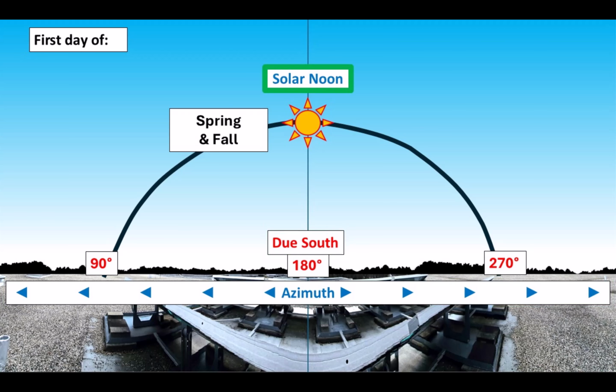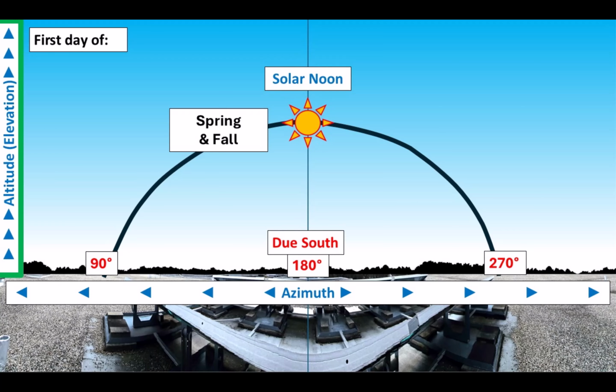The sun is always due south at an azimuth of 180 degrees every day of the year at solar noon in the northern hemisphere. The sun is also at its highest point in the sky every day at solar noon, its maximum altitude or its zenith.